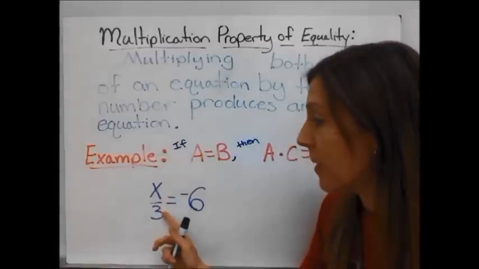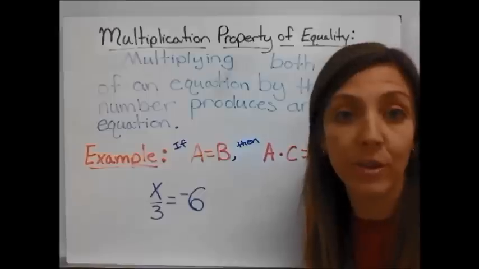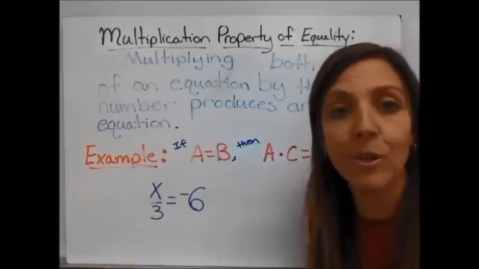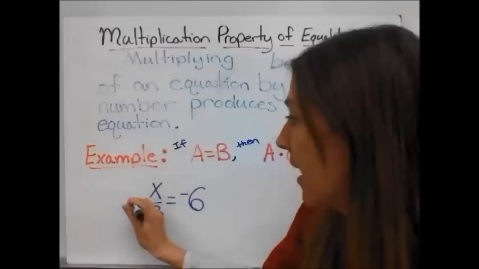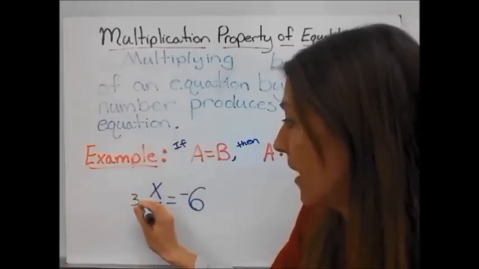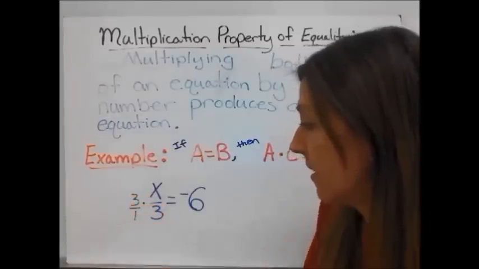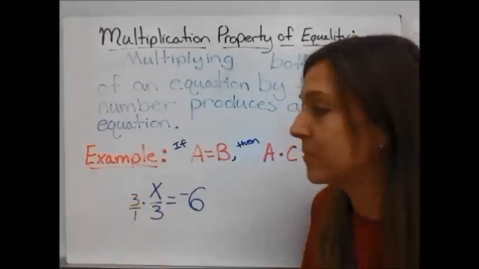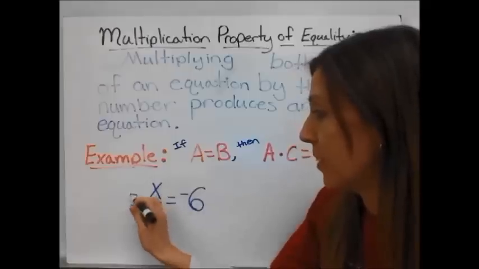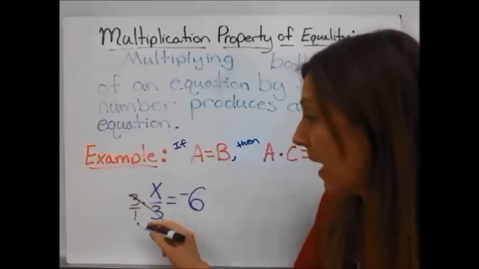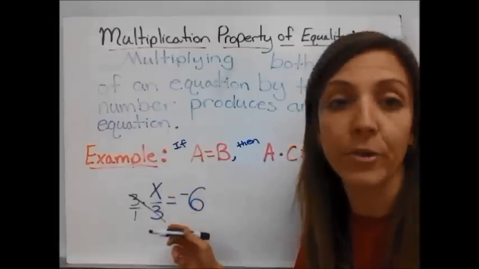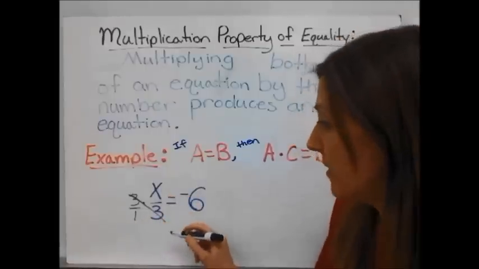So x divided by 3, the inverse operation of division is multiplication. So I'm going to use the inverse operation to solve this. I'm going to multiply 3, or 3 over 1, which is the same thing, times x over 3. Well, the 3's are going to cancel out, and I'm just left with x over 1, or just x by itself.